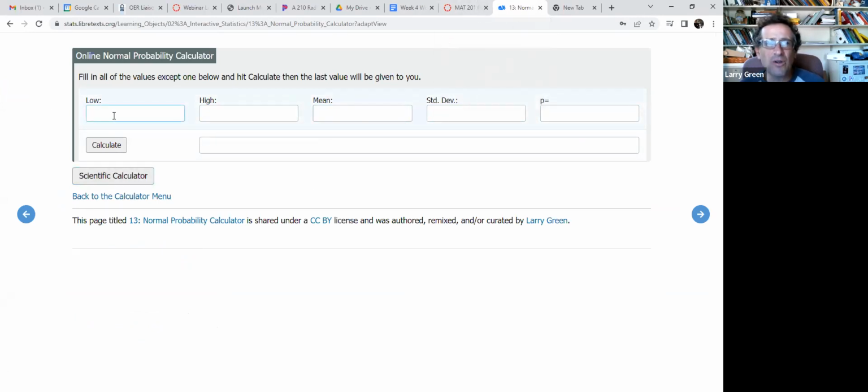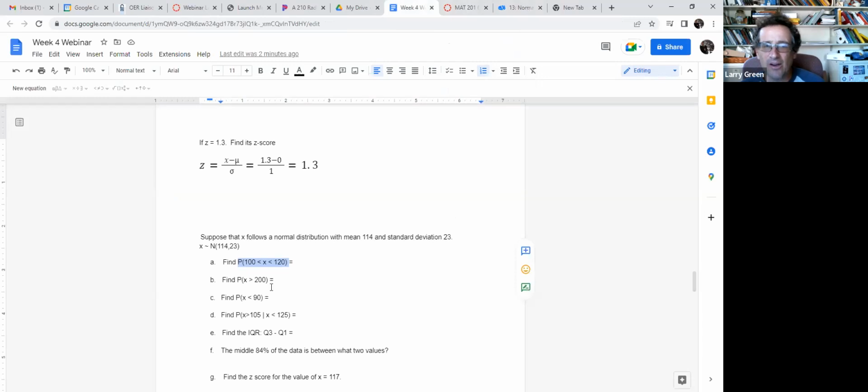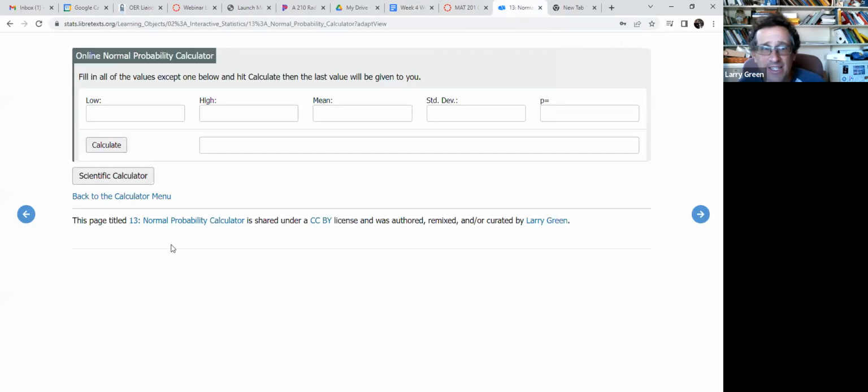So let's do low and high first. What's the low and what's the high for part A? Yeah, 100 and 120. Again, I tried to make this easy.